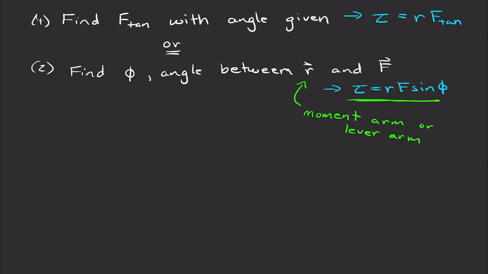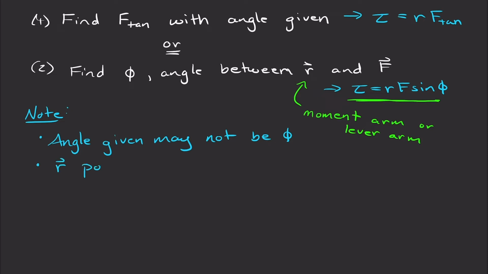Now some notes, things you want to keep in mind. The angle given in many problems may not be phi, so if you want to use phi, you need to go find it if it's not given. The vector r points from the axis of rotation, you can't emphasize this enough, to where the force is applied.